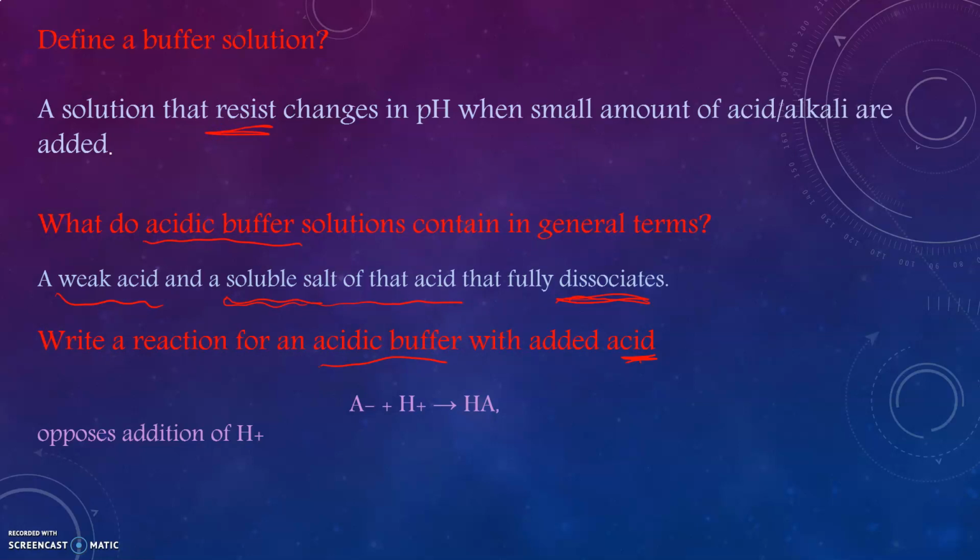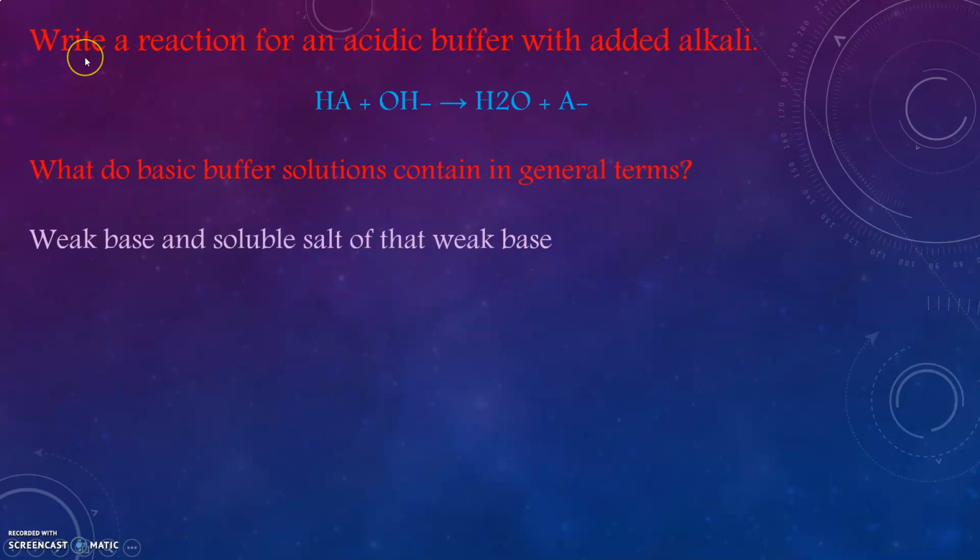So this means that it's opposing the addition of hydrogen ions, meaning it's reacting to decrease the concentration of hydrogen, because it's opposing the change of pH, right? Now, write the reaction between acidic buffer if it's added to alkali.